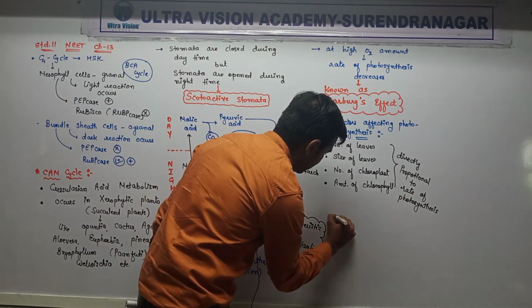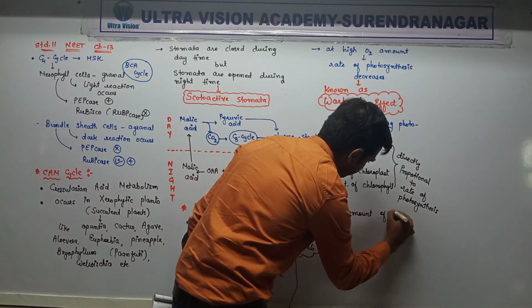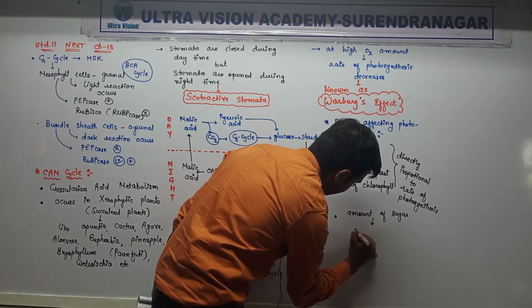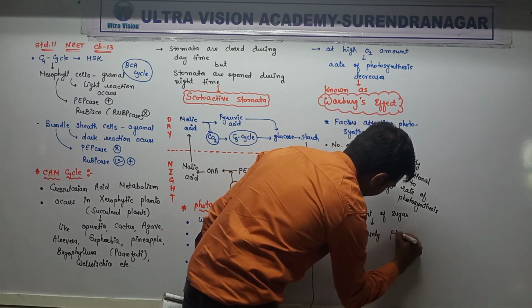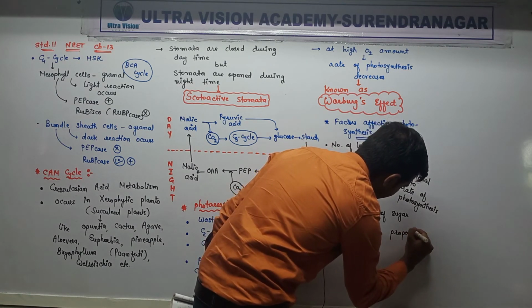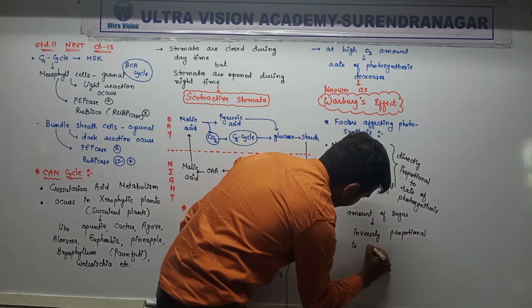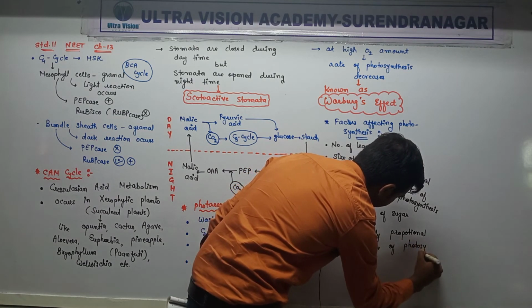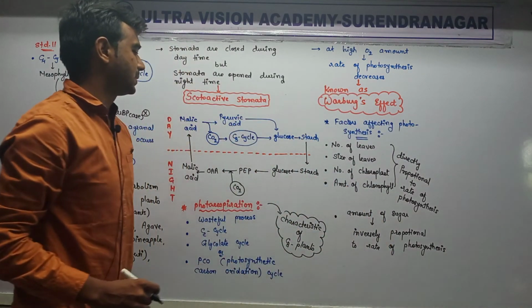Whereas the amount of sugar or amount of glucose in the plant is inversely proportional to the rate of photosynthesis.